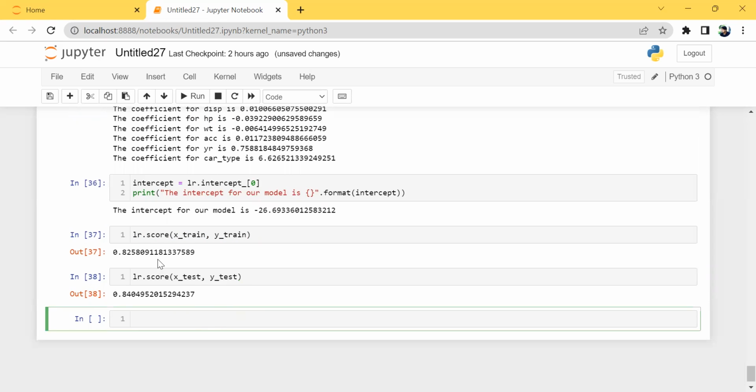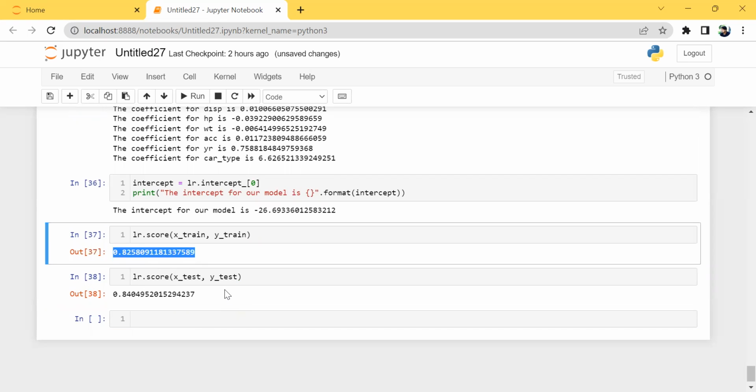See here, the accuracy for the training data is 82.5 something, and the accuracy for the test data is 84. See, both the accuracies are approximately similar. So this means our model is in the right fit condition. It's not in the underfit or the overfit scenario. It's in the right fit scenario, right?